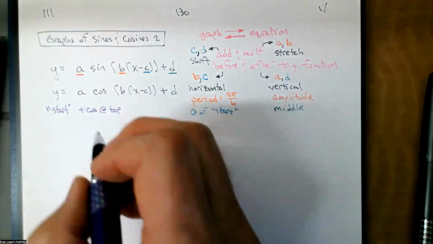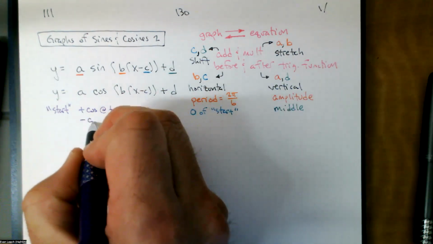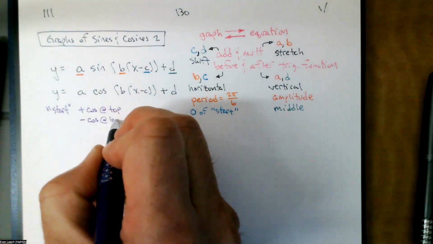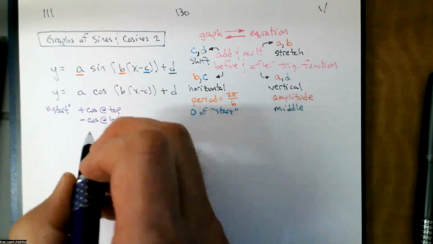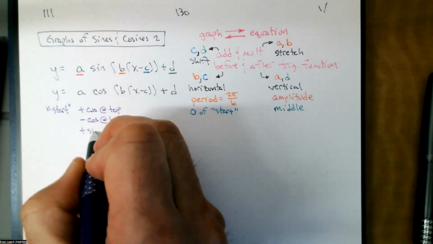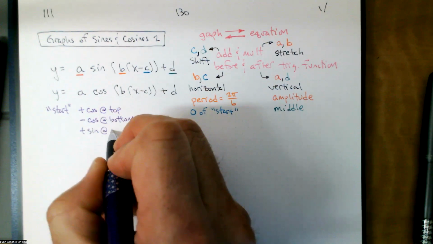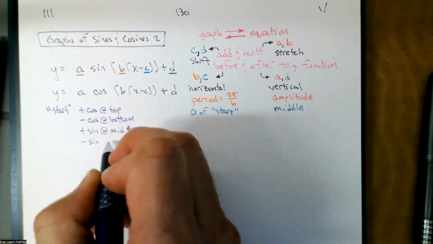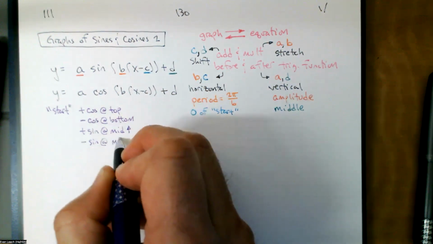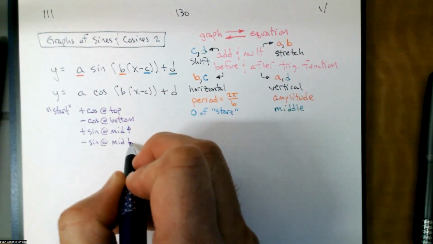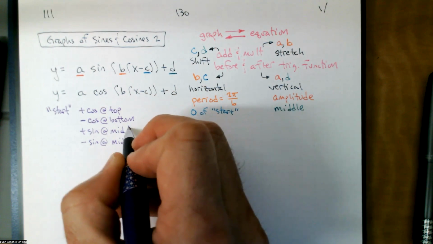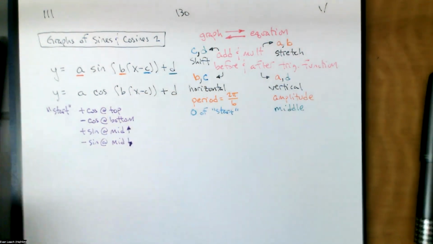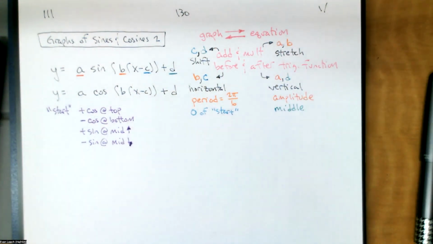We start a negative cosine at the bottom. Positive sine, we start at the middle going up. Negative sine at the middle going down. But here are all the things that we'll have to notice.